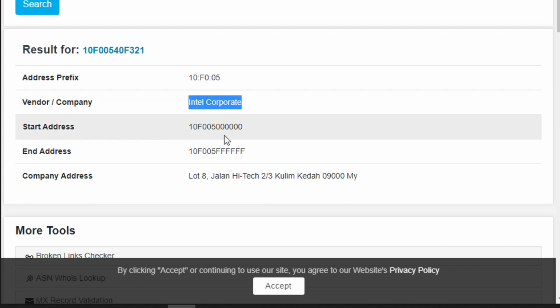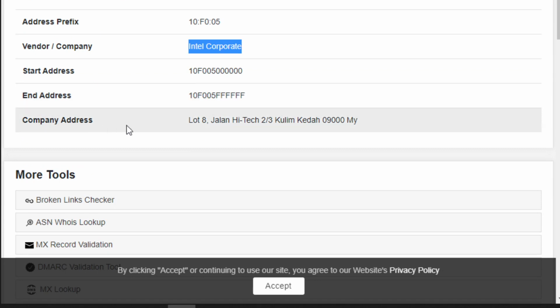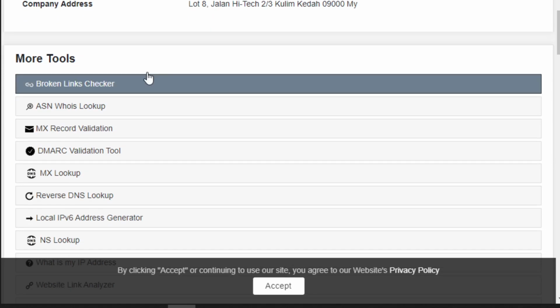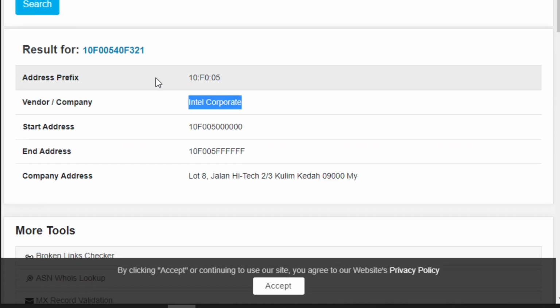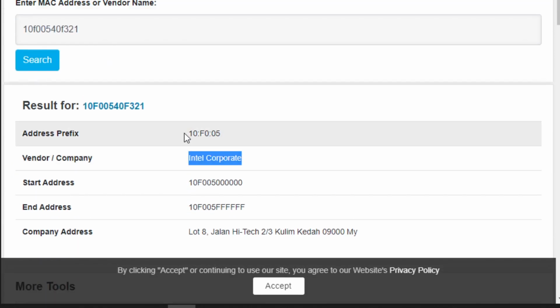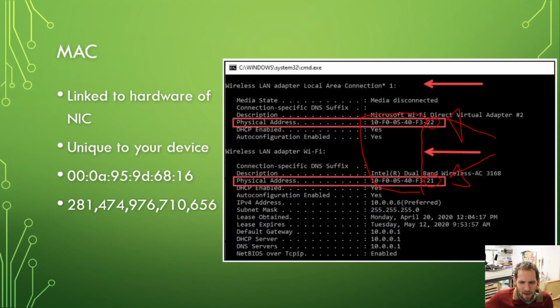They tell you their start address, their end address, the lot number. So this was lot number 8. It's kind of interesting how you can just look up that information. Here they tell you the address prefix. This is the 6 digits that they are assigned, and the next 6 are the ones that change depending on the device that you're on. So that's something to keep in the back of your mind.